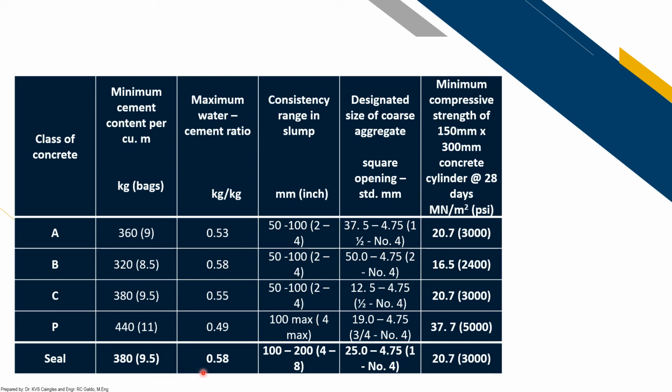Okay, ang iyahang water cement ratio ana is 0.58, and then ang iyahang slump is nag-range from 4 to 8 inches. And then ang iyahang designated size of coarse aggregate is 1 inch to number 4 nga sieve. Okay? And then ang iyahang design strength ana is 3,000 psi on the 28th day.